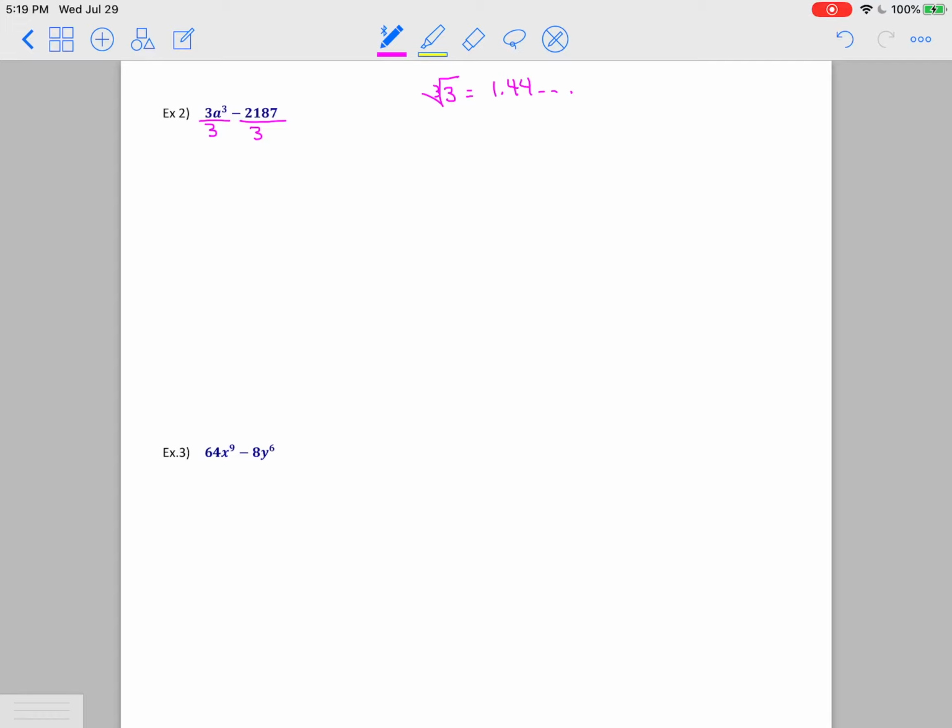Let's go to our calculators and see if 2,187 is actually divisible by 3. And if we do that calculation, we're going to come up with 729. So this is going to give us a cubed minus 729.